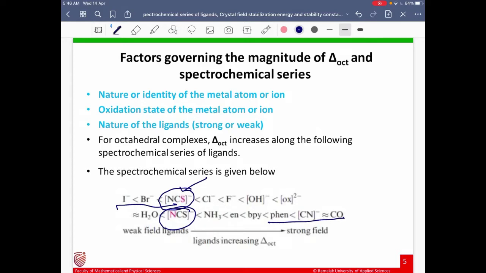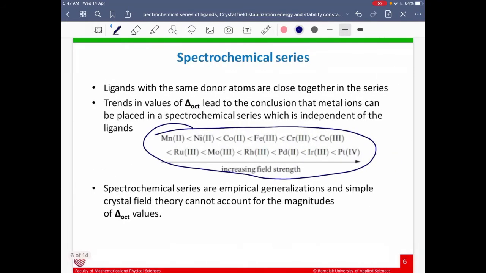It may coordinate through either sulfur or nitrogen, so it has two positions in the series. If the linkage is through the sulfur atom, then its position in the spectrochemical series is at the lower position. And if the linkage is through nitrogen, then it has more influence as a strong field ligand, and it is on the right side of the spectrochemical series.